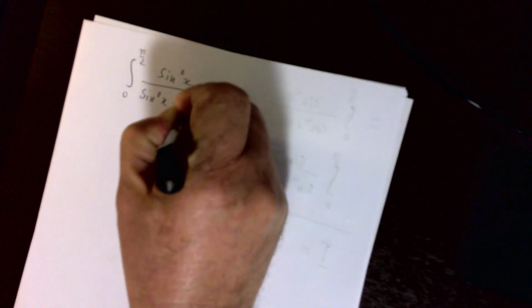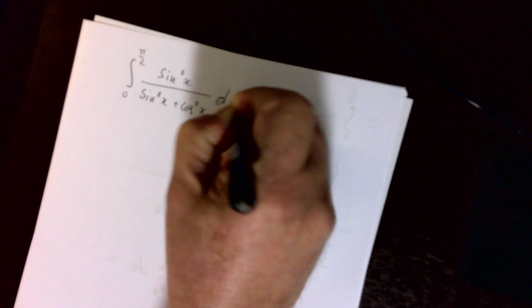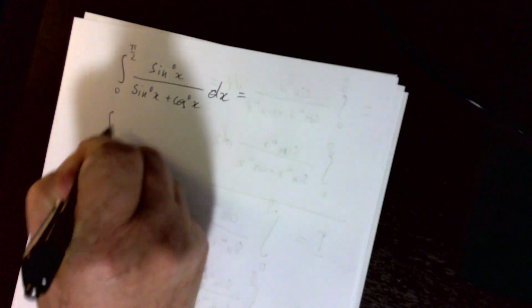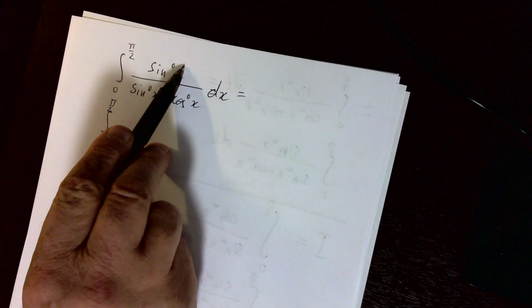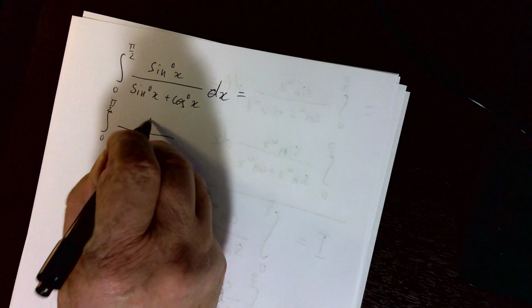What do we have when the number m is 0? We would have the integral from 0 to pi over 2 of sine to the power 0 x over sine to the power 0 x plus cosine to the power 0 x dx. Any number to the power 0, as you know, is 1.